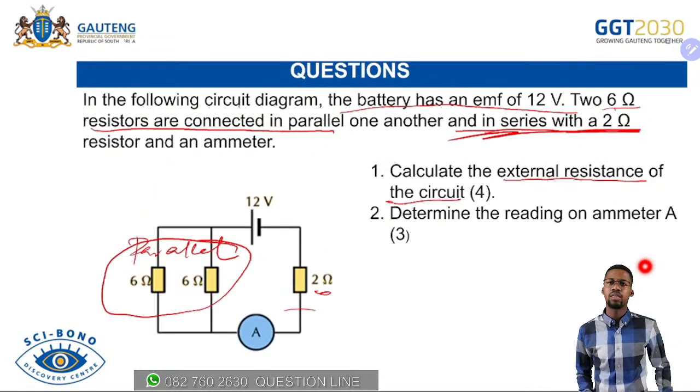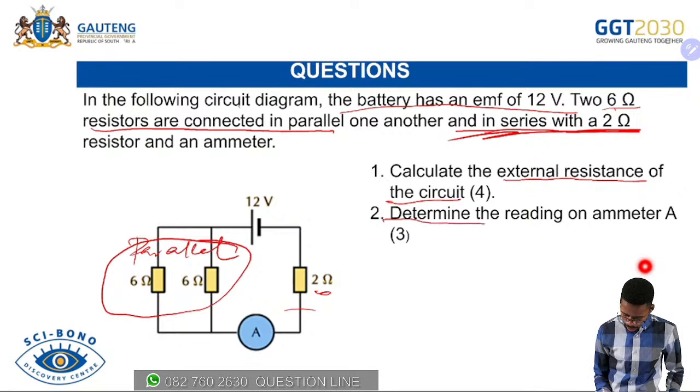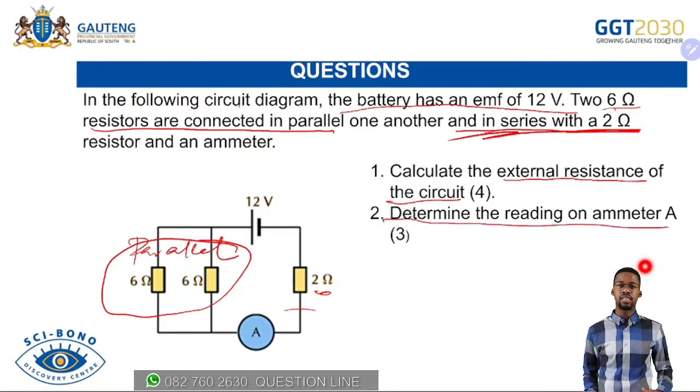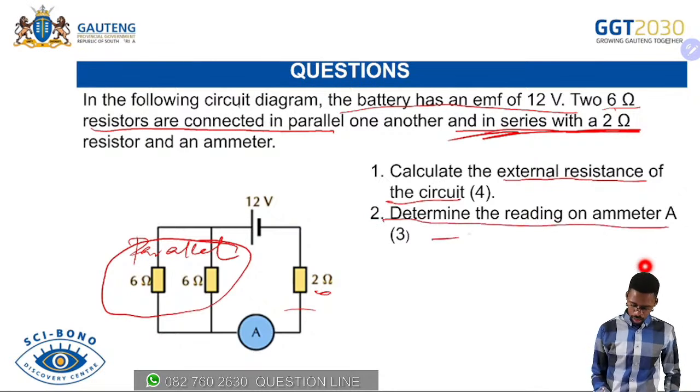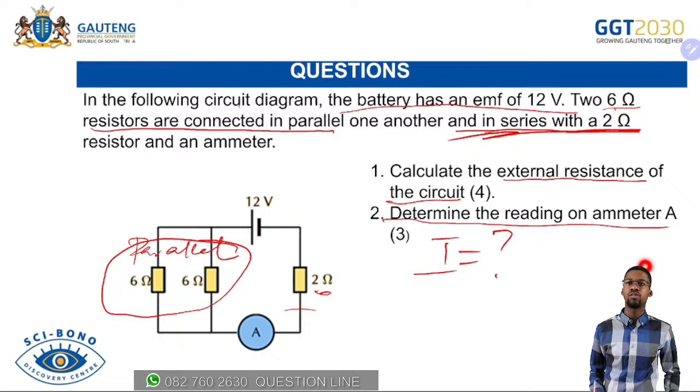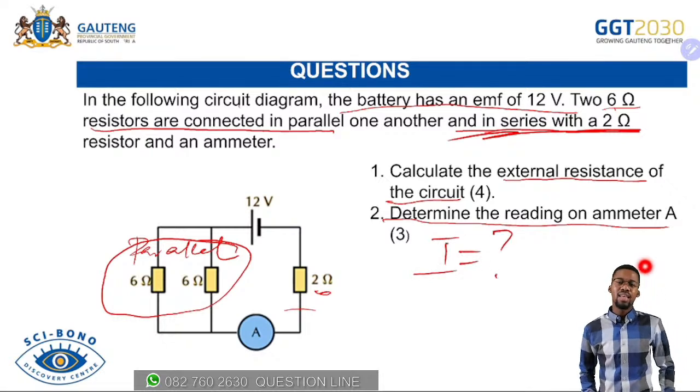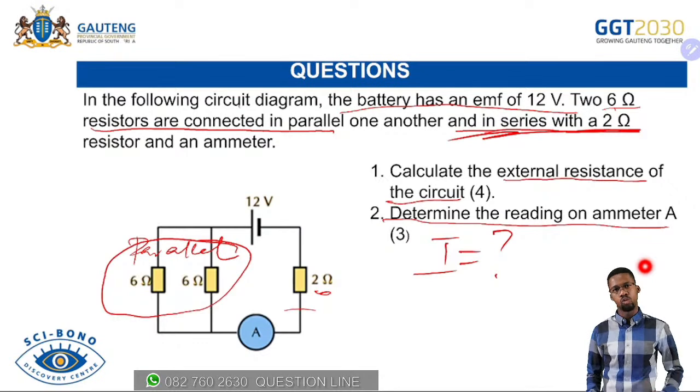The second question then says, determine the reading on the ammeter. Reading on the ammeter means the question wants us to calculate the current. You can see that this current flows through the series part, so we are referring to the total current that flows in the circuit.